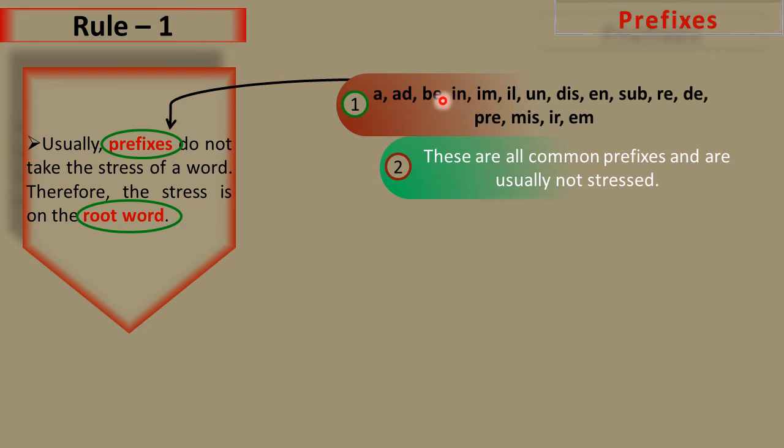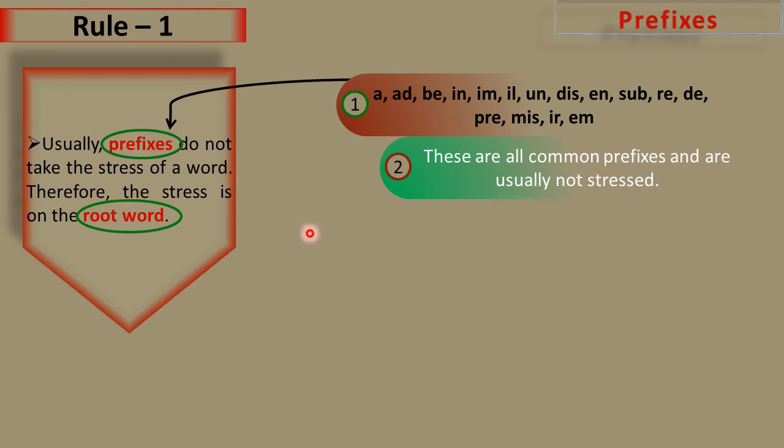When you come across any prefix which has one or two letters, that is said to be a weak prefix, and weak prefixes or common prefixes are never stressed. Generally, the stress is always on the root word only.